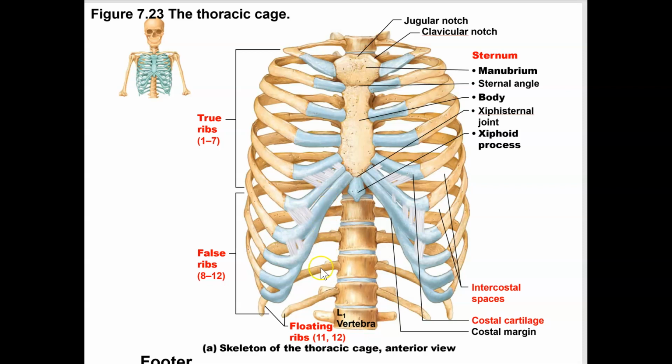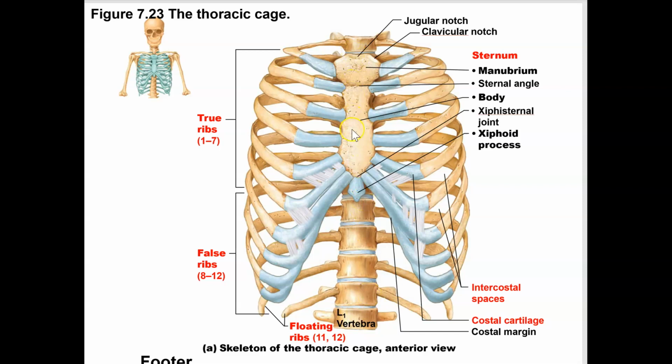The last 2, 11 and 12, are also considered floating. If you look at them, you can see that they aren't connected to the sternum, so they float a little bit. Their main job is really to protect the kidneys, which start right around here. But that's pretty much all the bony protection that your kidneys have.